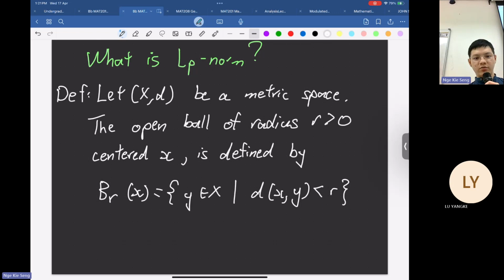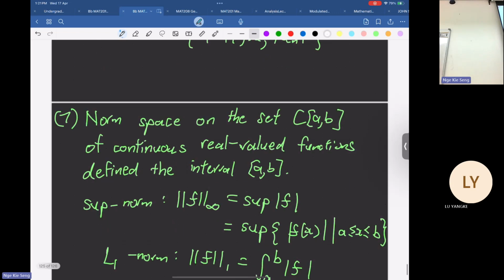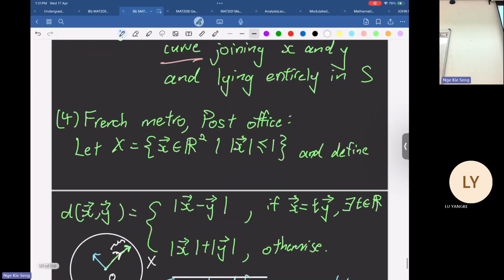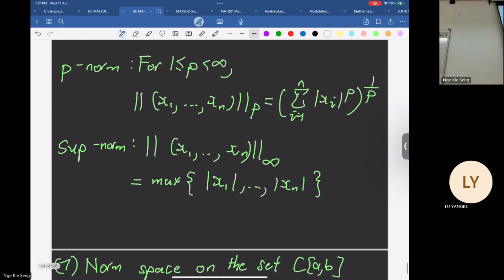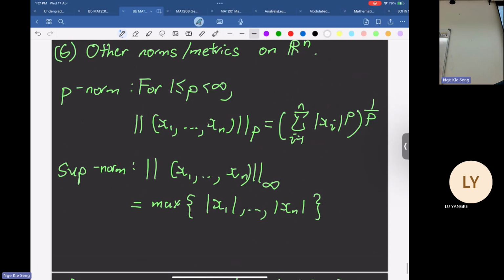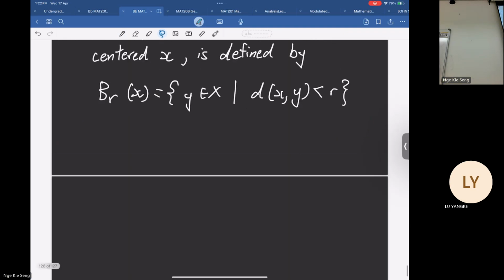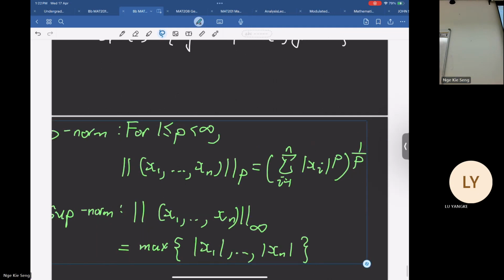So can we do a little exercise here? Let me write down some notation, copy this and paste it here.